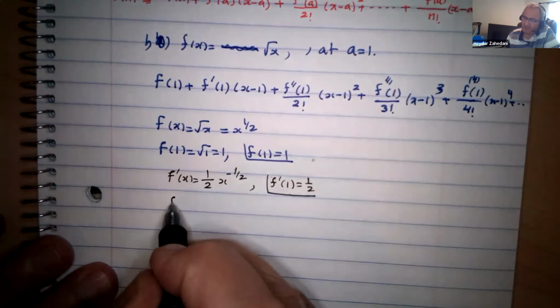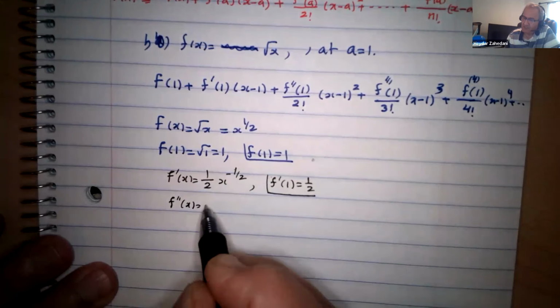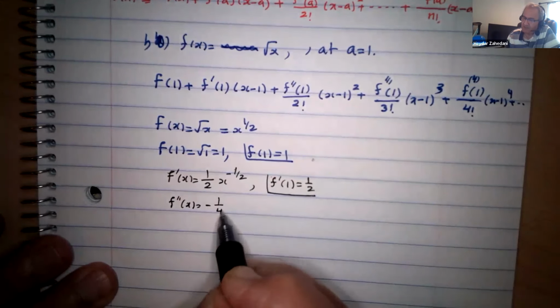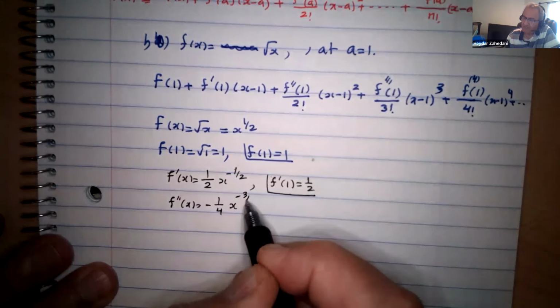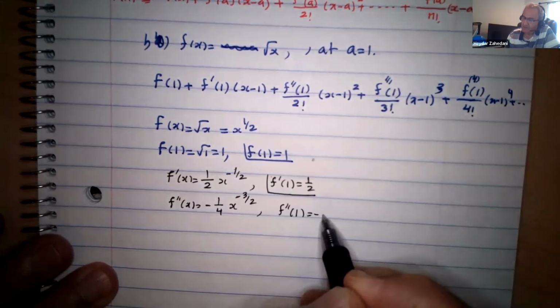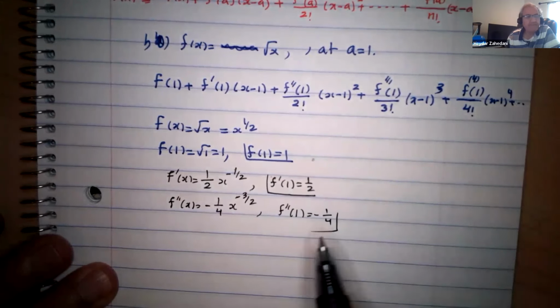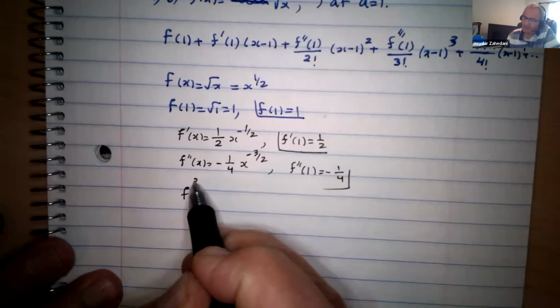Differentiate again, f double prime. Exponent times coefficient gives me negative 1/4, x to the negative 1/2 minus 1, which is negative 3/2. Then you find that at 1, so that gives me negative 1/4. Then you repeat it again, the third derivative.